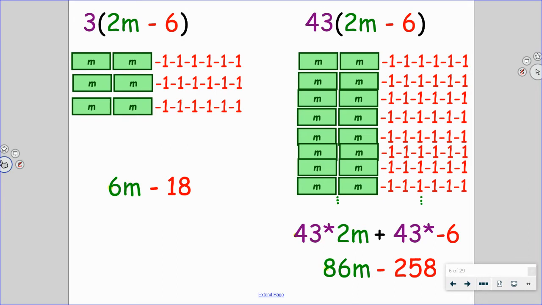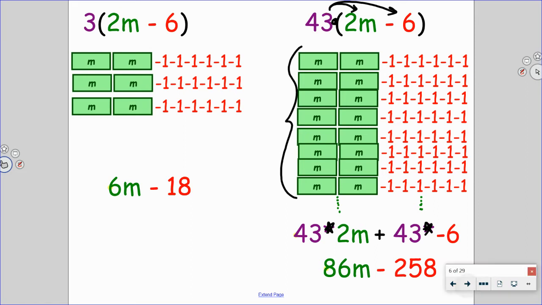So again, it's not impossible, but can we use the distributive property to multiply? Why are we multiplying? Because we have repeated sets. In this case, 43 sets of 2m's and 43 sets of negative 6's. That, ladies and gents, is a visual representation of why we multiply, and shoot, that saved us a load of time.